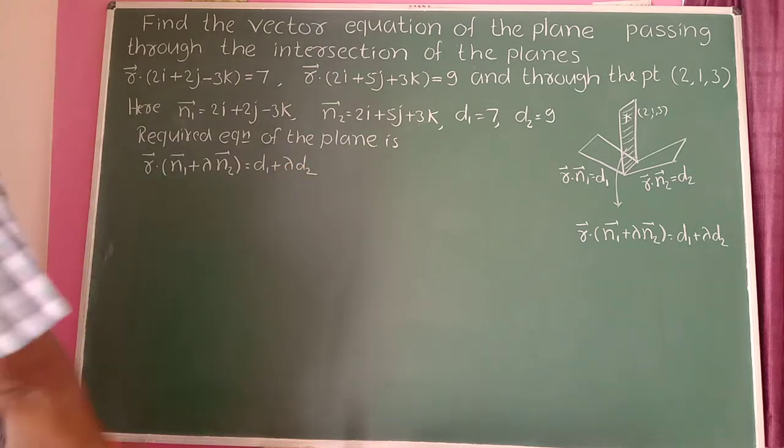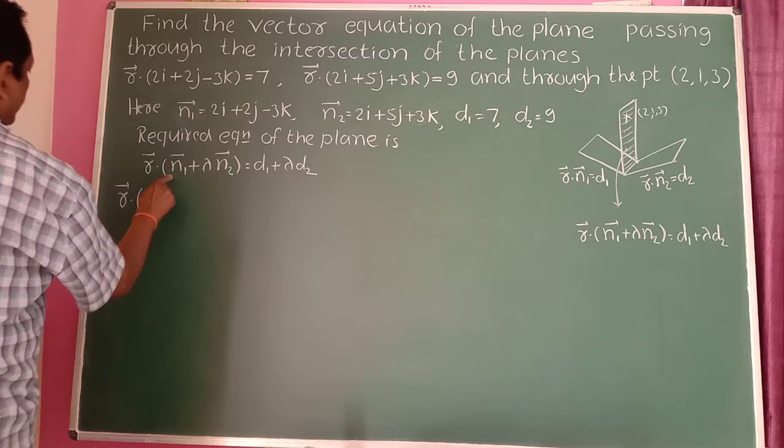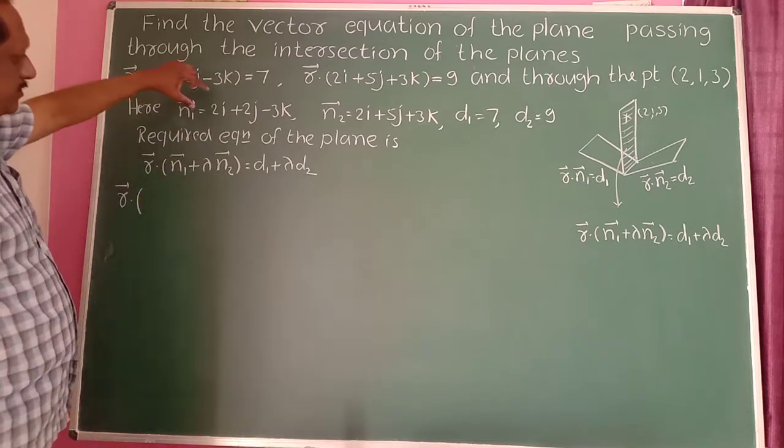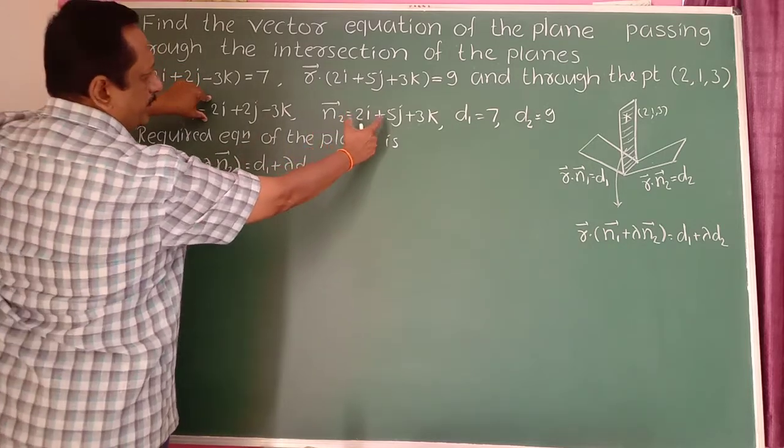Okay. Therefore, r bar dot (n1 + lambda n2), where n1 is this one and n2 is this one. Lambda into means multiply each term by lambda.